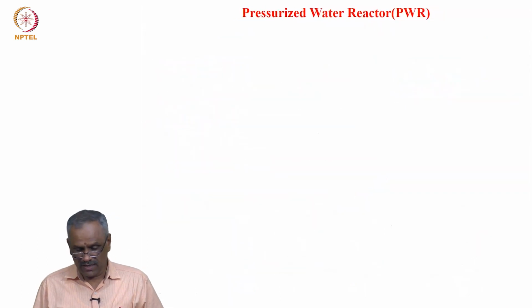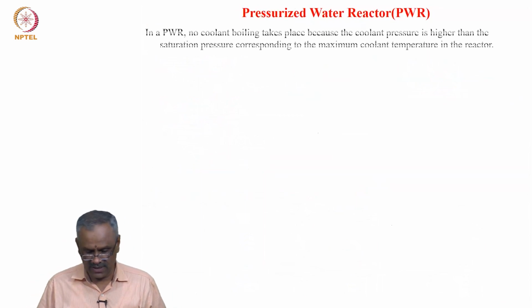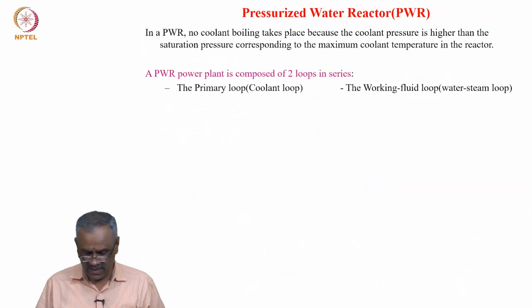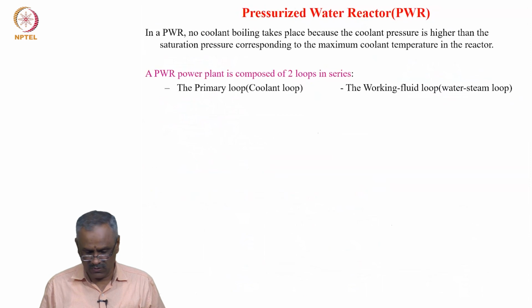The first we will discuss is the pressurized water reactor, which is a light water reactor. See here, the water is used as a coolant. Since it is pressurized, no boiling takes place in the reactor.